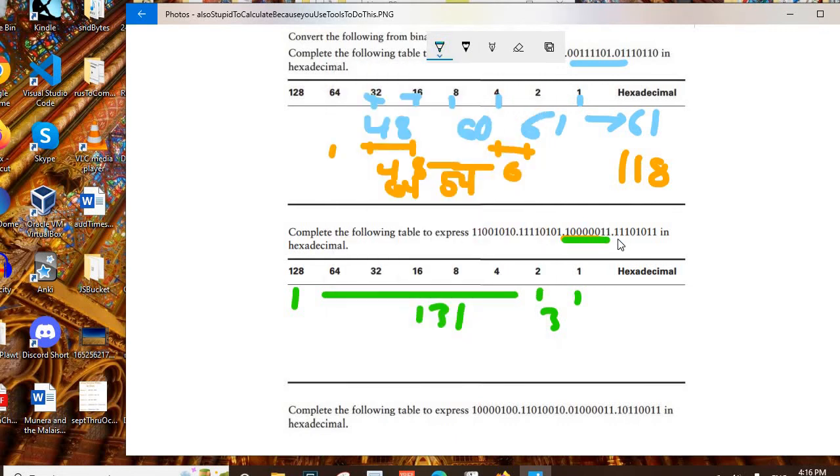And just picking on the last one here. We got 1, 2, 3. Skip. 1. Skip. 1, 1. Well, we know that's 3 back here. Let's move that with the 8. So that would be 11. And then 32 plus 64 is 96. So that gives us 107.